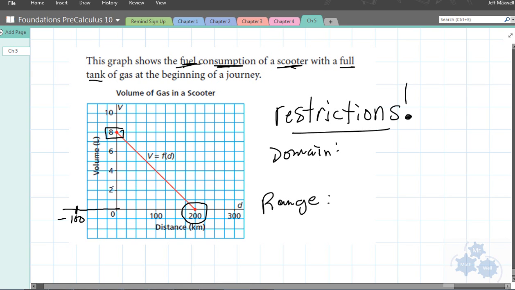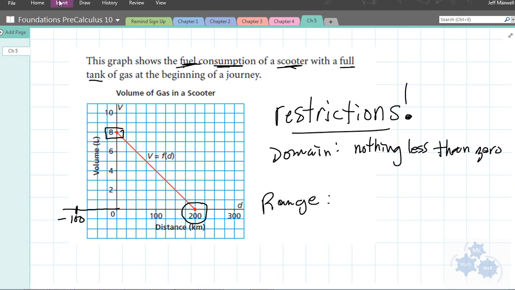So the restrictions would be we can't have anything less than 0 on the domain. Because if we're talking about a distance from a starting point, a negative distance in this case doesn't make sense. Now, what else do you notice about x values that wouldn't make sense to this question based on this graph?